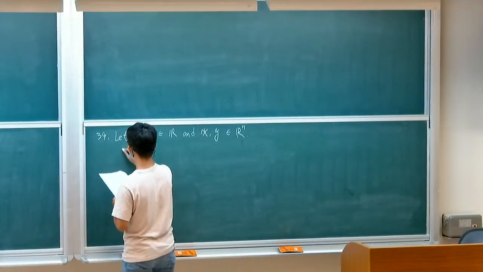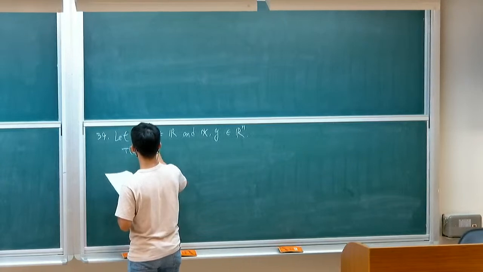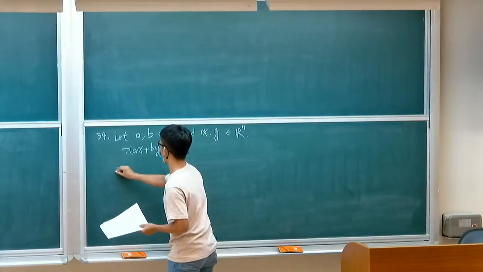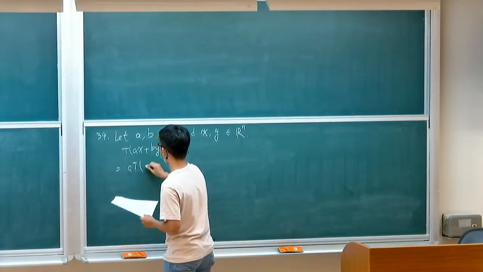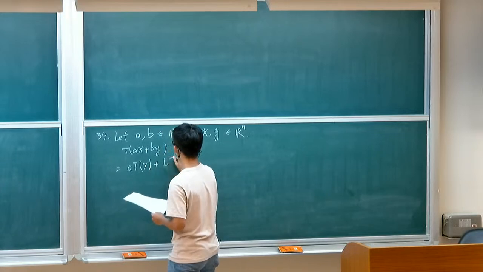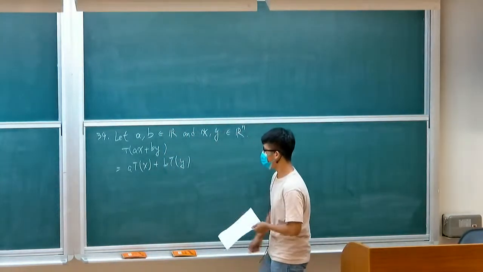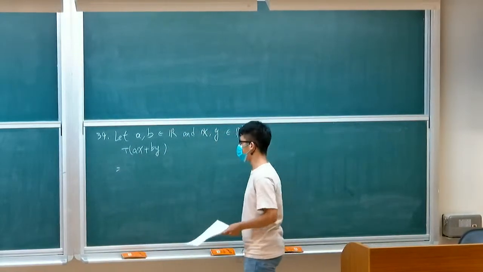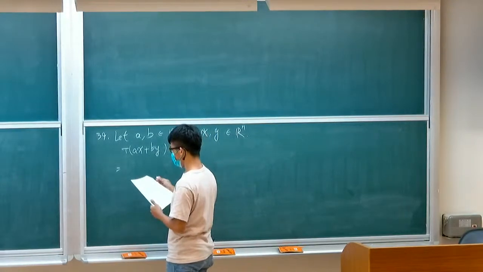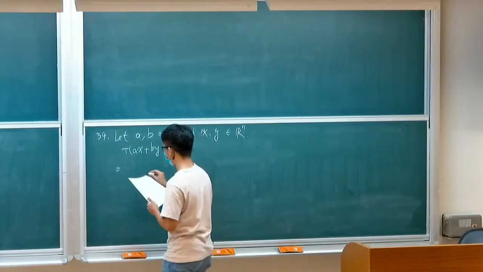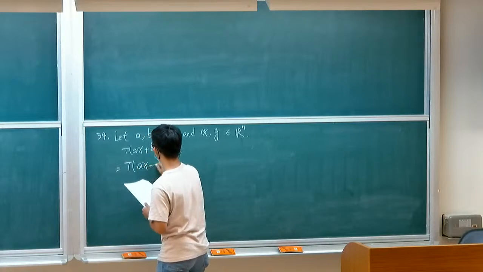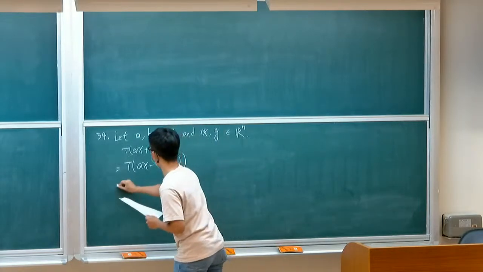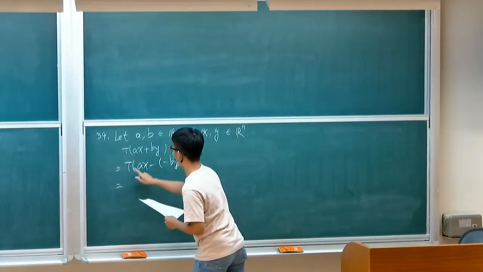So our goal is to show that this is equal to... Then how to do that? Given the equation of this exercise, we can rewrite this into ax minus b1 minus by. So we can pull this a out.